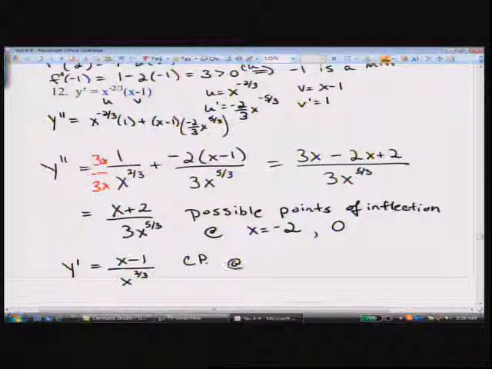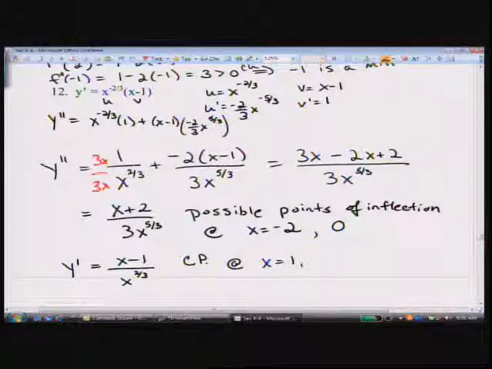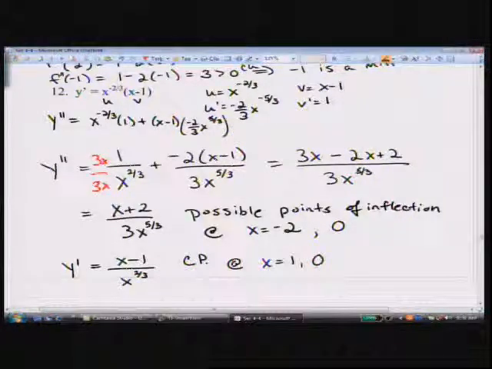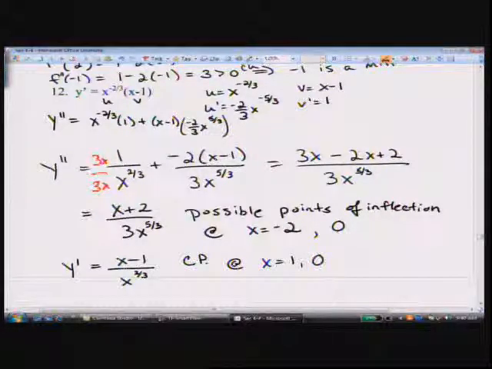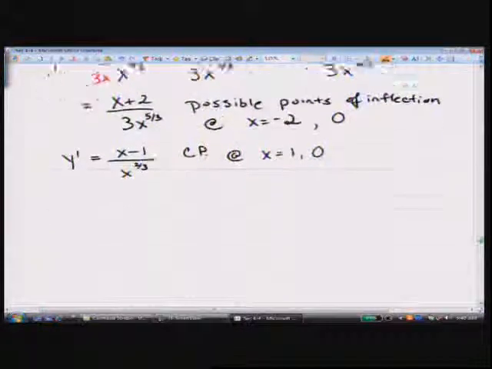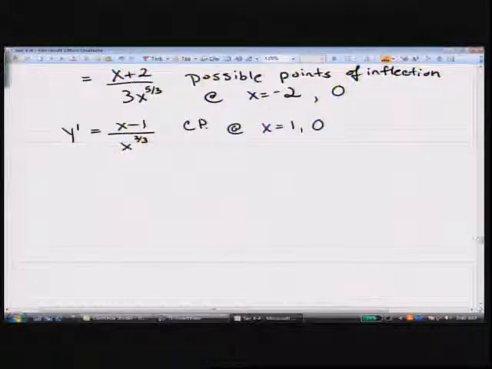Where are the critical points for this one? X equals 1, and then also 0, because it's undefined. So we either have a vertical tangent or a cusp at 0. And it's most likely going to be, well, I'm not going to say that. Never mind.